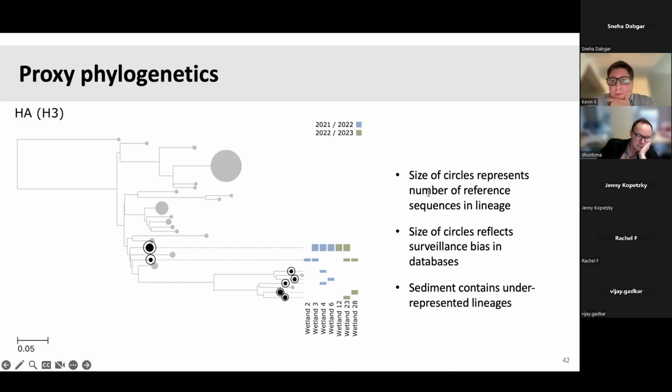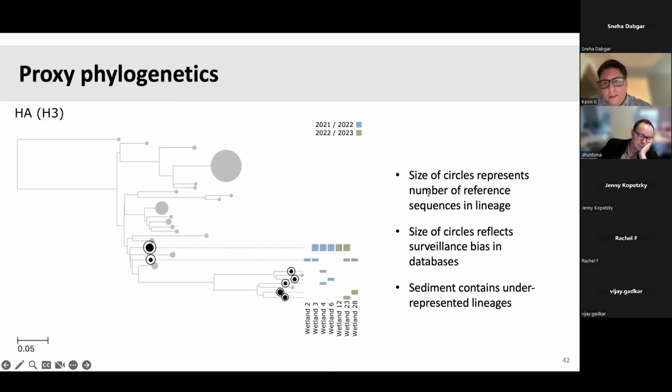Now, some of you may be wondering what the size of the circles represents. So the diameter indicates the number of reference sequences from the global database inside each of these lineages. Now, since the global databases are mostly filled up by active and passive bird surveillance, the size of the circles probably shows us the surveillance bias of the global databases more than anything else.